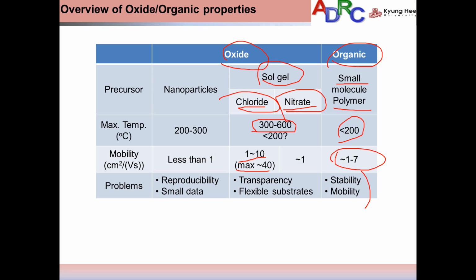Also, the main difference between these two families is the resulting material and mobility. The nitrate precursor gives rise to a mobility around 1 with a high temperature, but with the chloride it is possible to have higher mobility with a somewhat lower temperature.